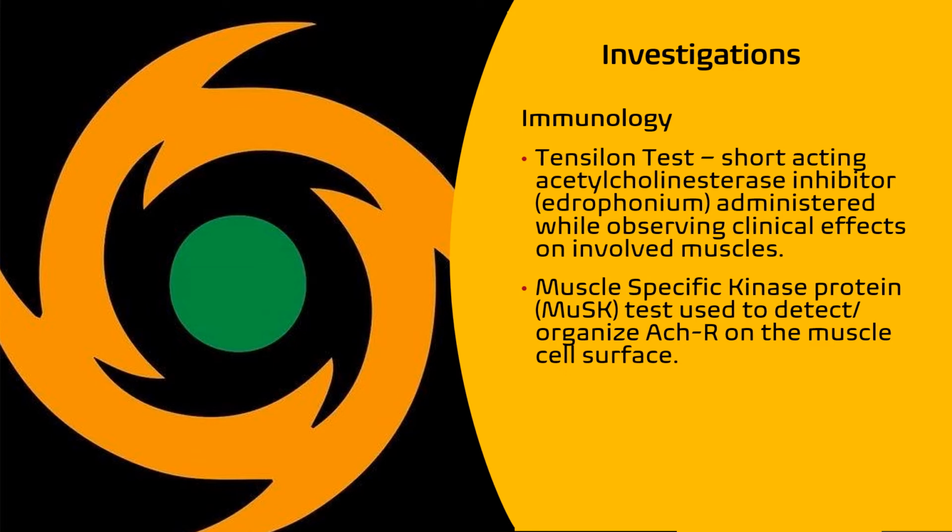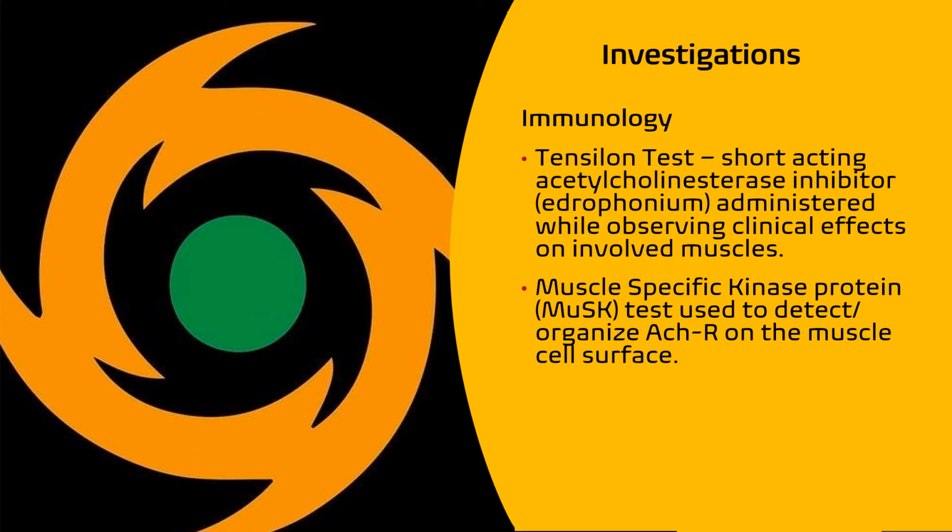So from an immunological basis, there can be a few investigations. There's something that has been evidenced in literature that's been referred to as the Tensilon test, where a short-acting acetylcholinesterase inhibitor, also referred to as edrophonium, is administered while observing clinical effects on involved muscles.